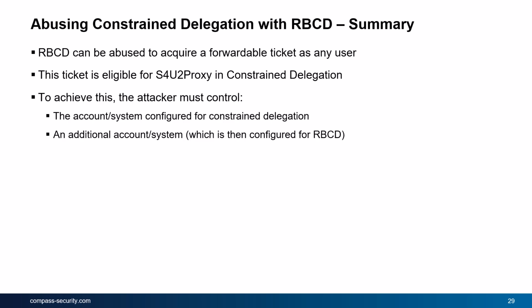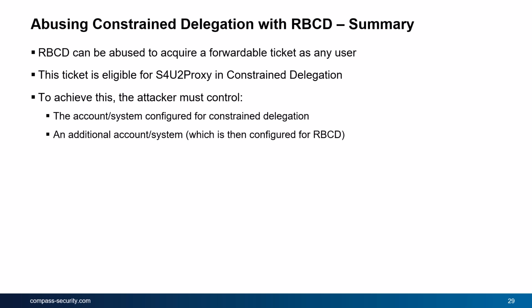For an attacker, this means that to be able to abuse this, we must first have control over the actual account or system that is configured for constrained delegation. And then we also need an additional account or a system where we can subsequently configure the resource-based constrained delegation. So we can chain those two delegation mechanisms together as seen before in the demos.